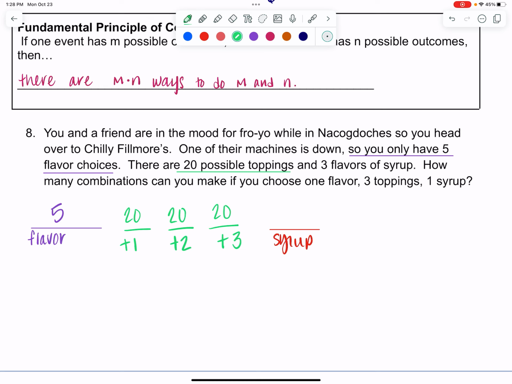So if you want triple sprinkles, great. You can use all 3 topping choices for sprinkles. Then the last part says they have 3 flavors of syrup. So there are 3 ways I can choose a syrup. The FPC says we need to do 5 times 20 times 20 times 20 times 3.